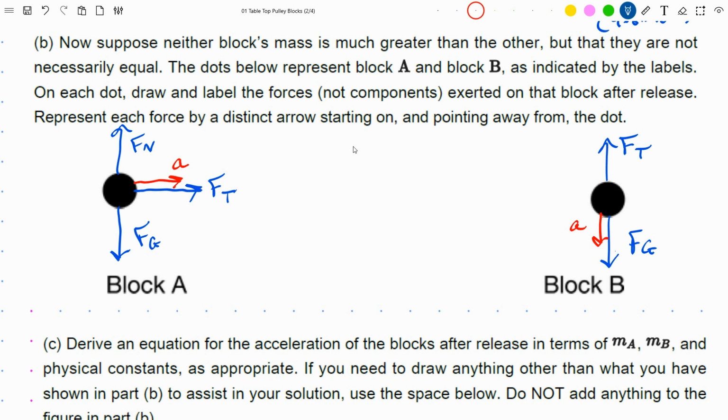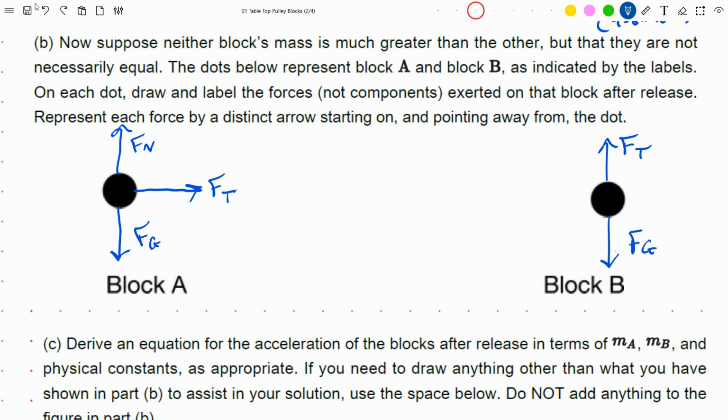It's true that block A would be accelerating to the right and block B would be accelerating in the downward direction. But that would definitely get us in trouble on this exam if we were to draw non-force vectors in something where we've been clearly asked to draw only the forces. So, big no-no. I'm going to get rid of them. I just drew them in so I could have that conversation, but I'm definitely not wanting them to be there.